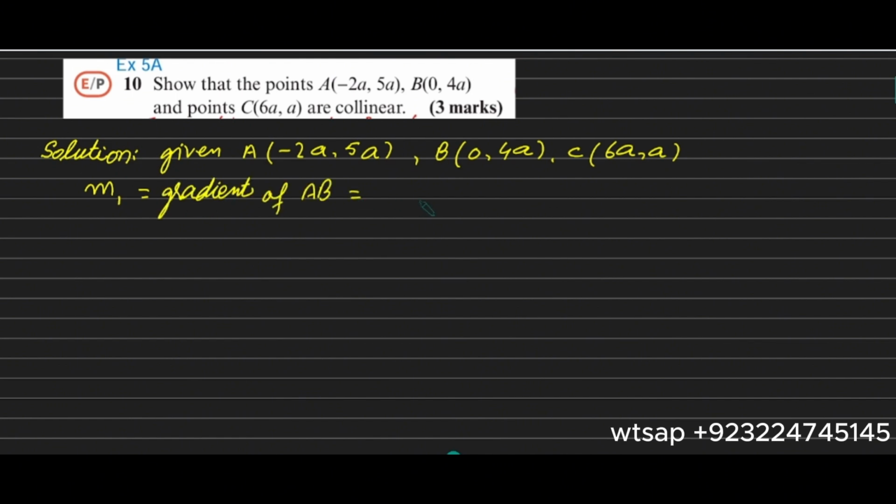At first we find the gradient m1, which is equal to, as gradient is y2 minus y1 over x2 minus x1.